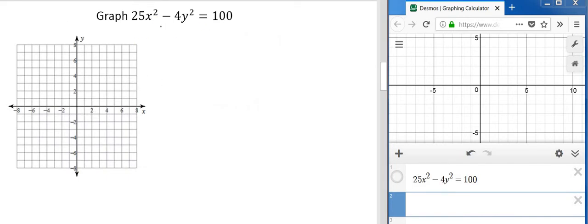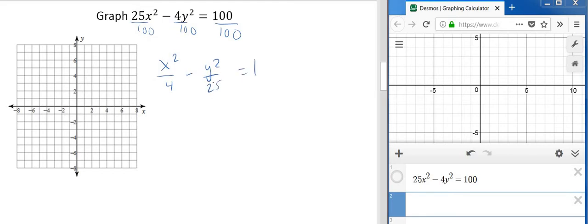Graph. Well, of course, you could just plug this into Desmos.com and see what it looks like, but I want to show you how we would go about this. We want to make it match our equation, so we make it equal 1. We divide by 100 on both sides and simplify. That'd be x squared over 4 minus y squared over 25 equals 1.